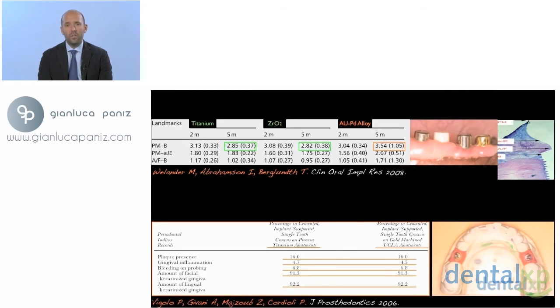So my conclusion is that basically we can choose titanium and zirconia. We most probably will have a better histological, biological answer from the tissue. These are histological studies performed on animals, so not on humans, but clinically this difference is not so significant.